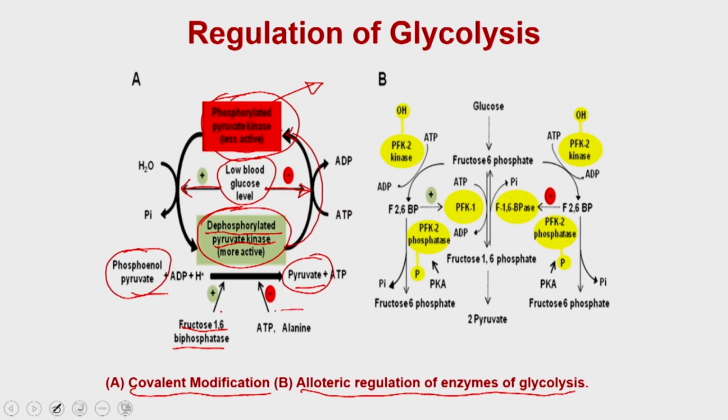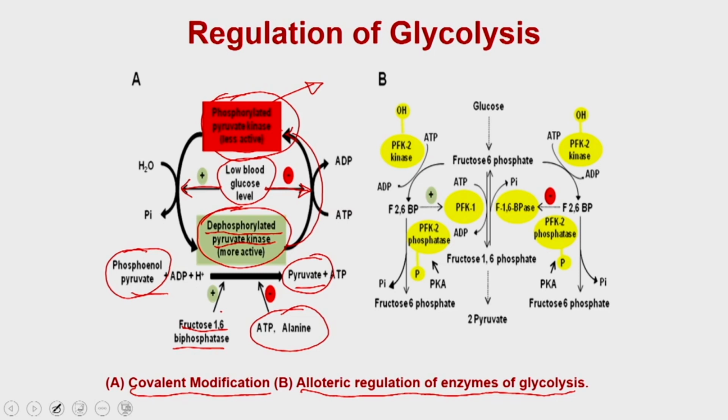Whereas if there is a sufficient quantity of ATP or alanine inside the cell, it negatively regulates, which means if you have enough ATP in the cell, it inhibits these reactions or blocks the conversion of phosphoenol pyruvate to pyruvate. Which means if you have sufficient energy, there is no reason to utilize the glucose present inside the cell through glycolysis.